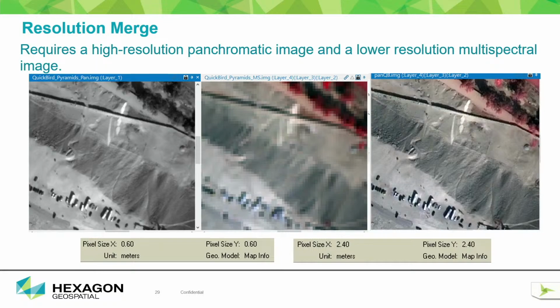Now using the pan sharpening method, we have taken the multispectral information from this data and the spatial resolution of this data, and we merge them to generate a new product.